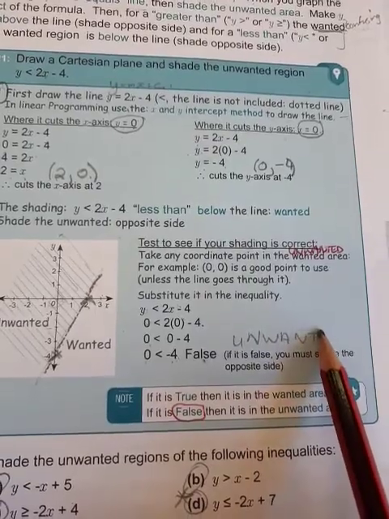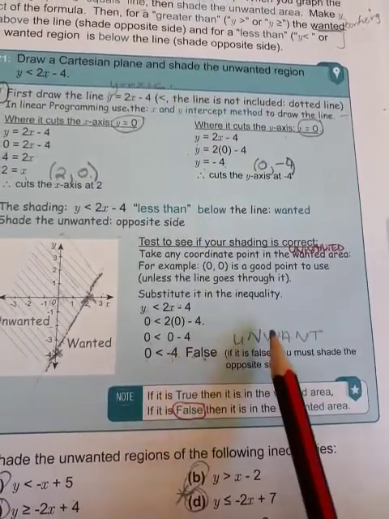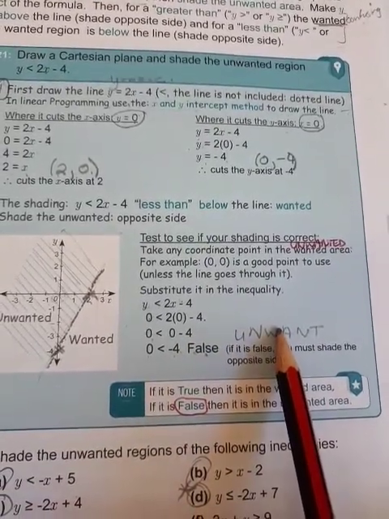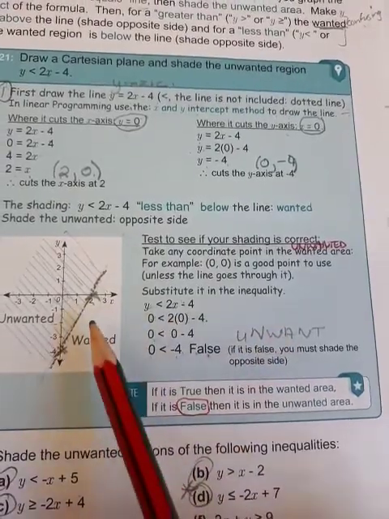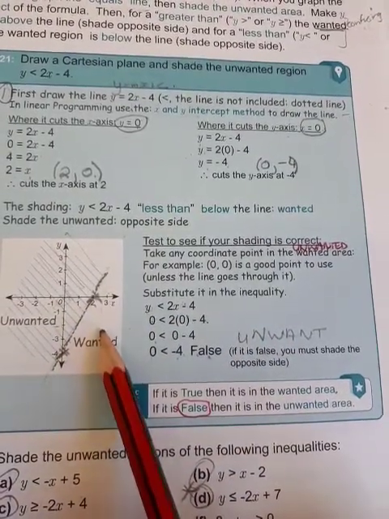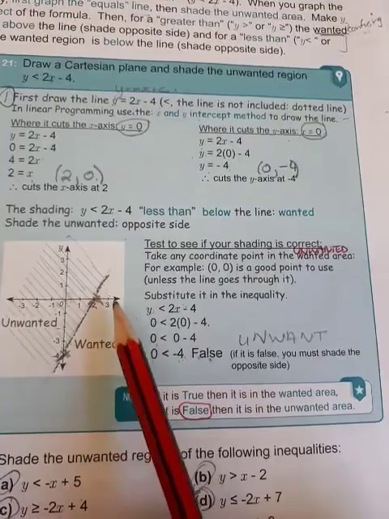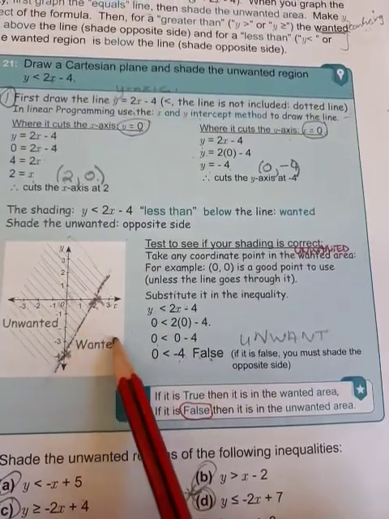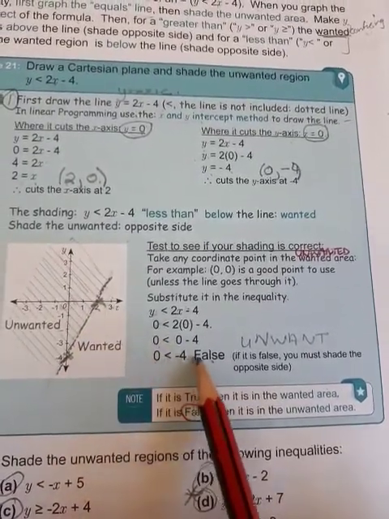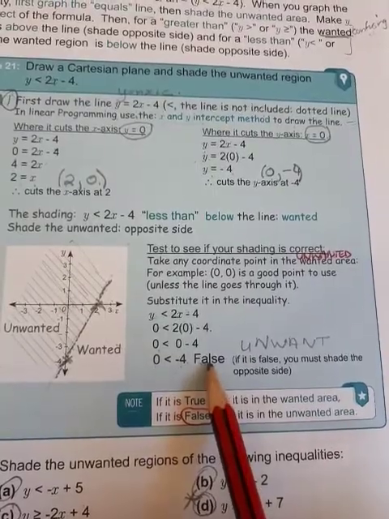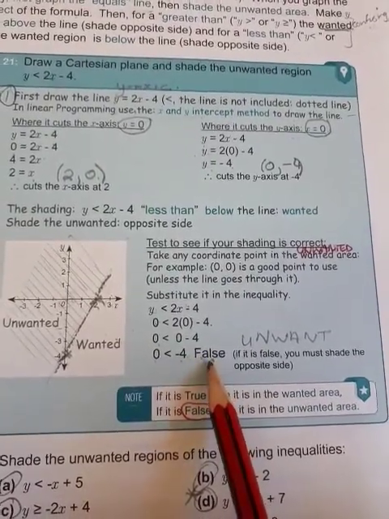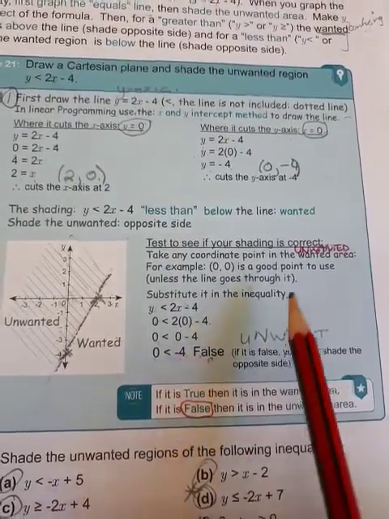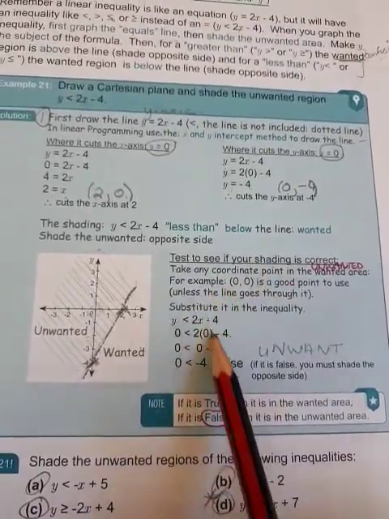Very important, the false goes along with the unwanted region. If you would have taken a point in the wanted region, for instance 3, negative 3, then your inequality would have been true, and the true is in the wanted region. So this is just to check yourself.